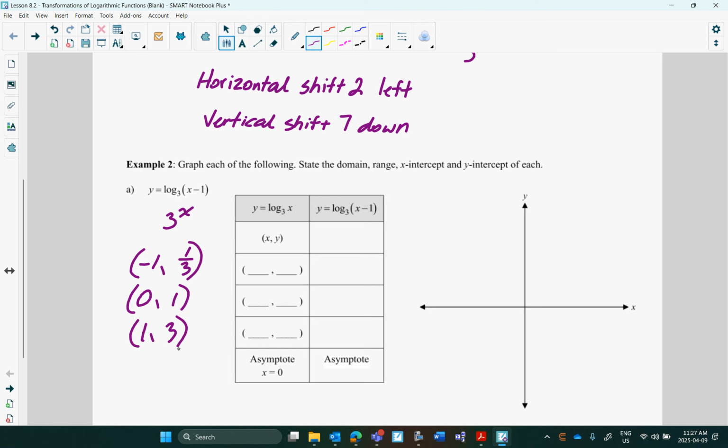But when I go to logs, remember these are inverses of each other. Inverses means switch the x and y. So reverse the x and y. We've got those already. And the asymptote is the y-axis, x equals 0, hasn't moved yet. But it looks like it's going to move with this one.